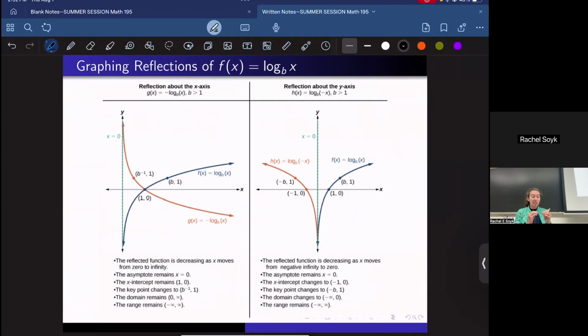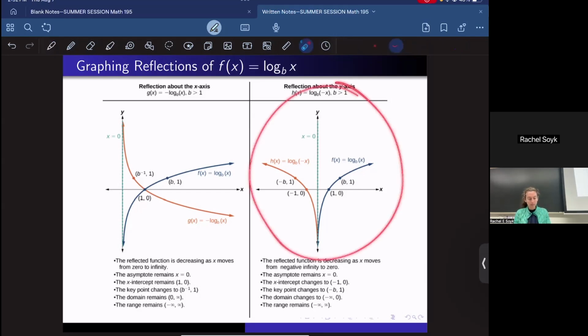If the negative is attached specifically to that x variable, then it's going to be a reflection across your y-axis. Okay, and so these are just visual examples representing that, right? Negative smack in the front, it's flipping over x, negative attached to the x, and then it's flipping over your y.